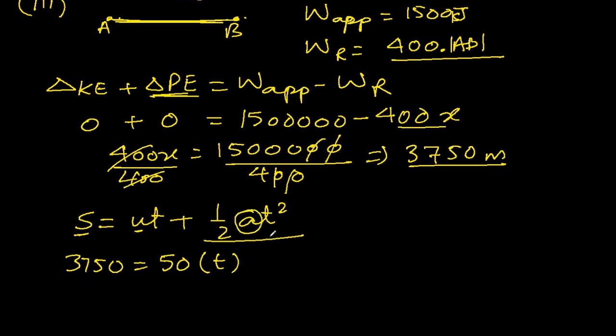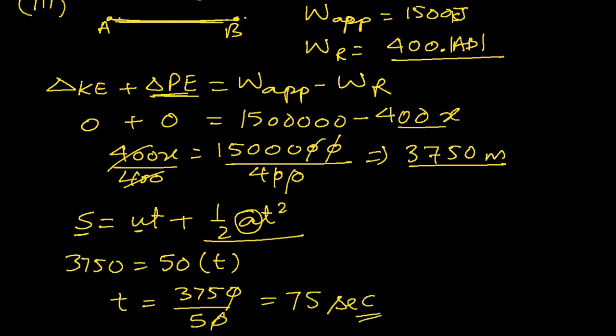That means the rest of it will be 0. So now we can find time is 3750 over 50, which will be 75 seconds. This is the time taken from A to B.